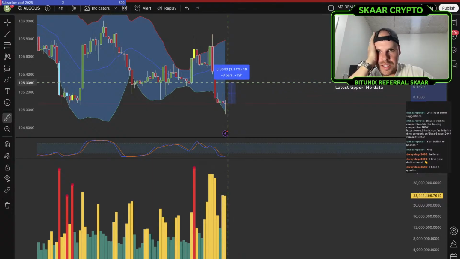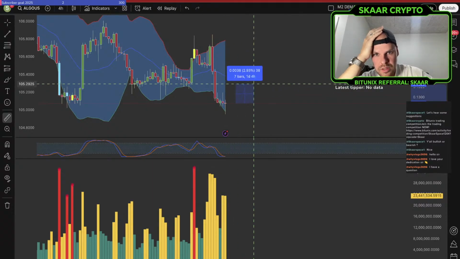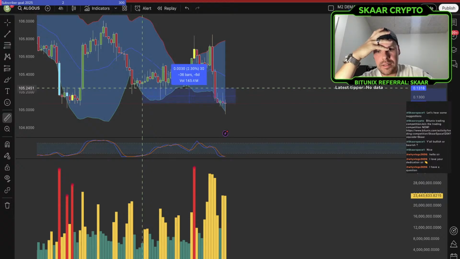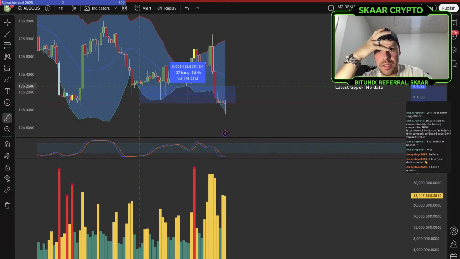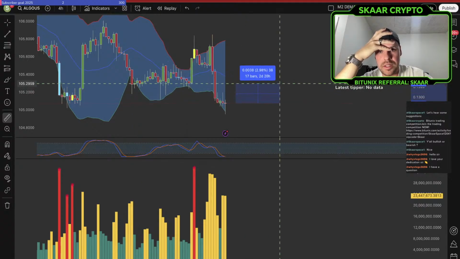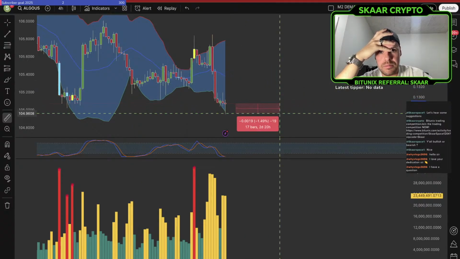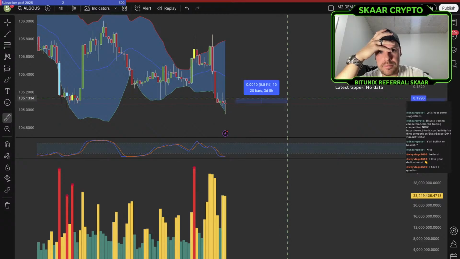And if we take into account the bottom ranges of almost all the candles since Monday, even Saturday, this is going to be a resistance point. That's still 2.8%.